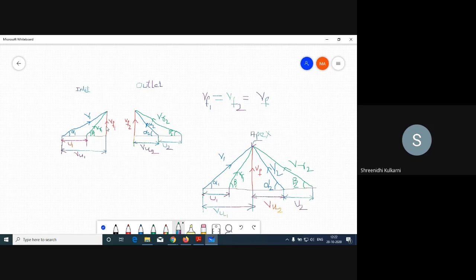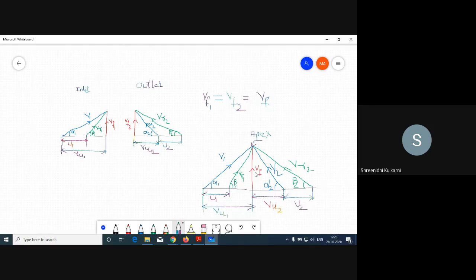I just merged them because in these two, VF, whatever the flow velocity, is a common point. And I told clearly, in most of the turbines the flow velocity throughout the turbine is constant. So that is why we combine the two velocity triangles.